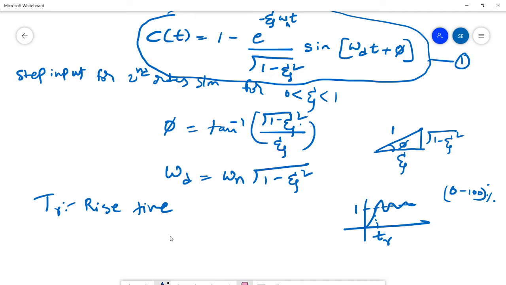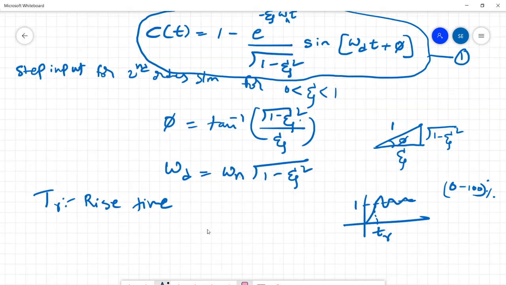The first equation is C of t, the final expression for the system response at time t. Now what we want is TR. So in this expression, to calculate TR, you have to substitute t is equal to TR.